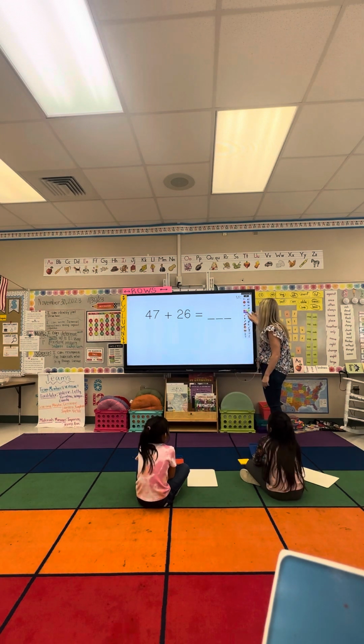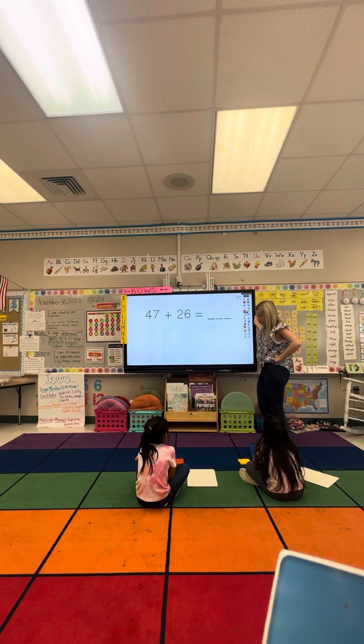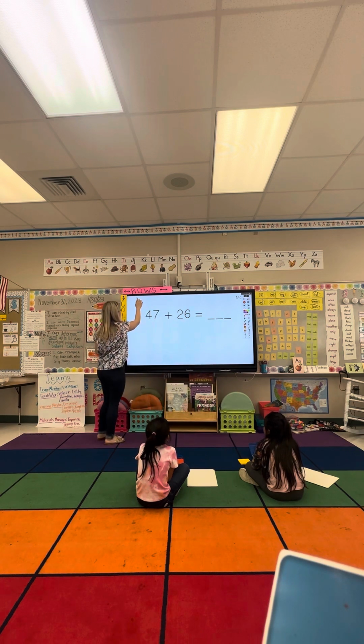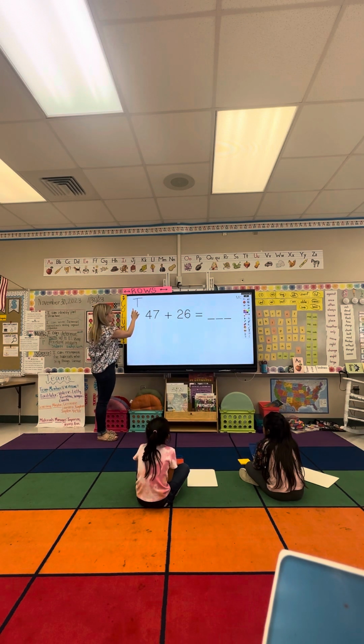So my problem here, 47 plus 26 equals blank. So the first thing we have to do is we have to mark up our tens place and our ones place. So if we have our tens place, I always like to mark those with a line, an underline, so I always know if it's an underlined number, that's my tens place.